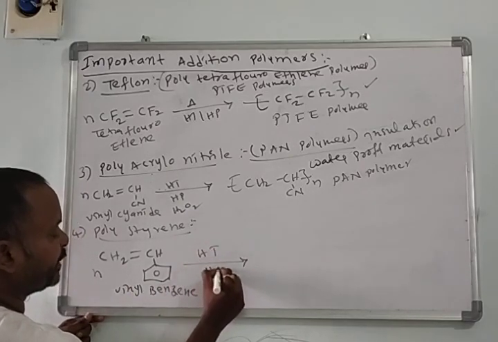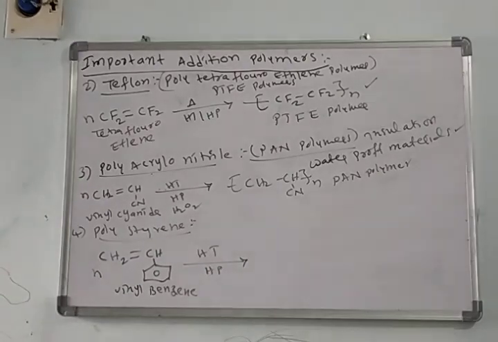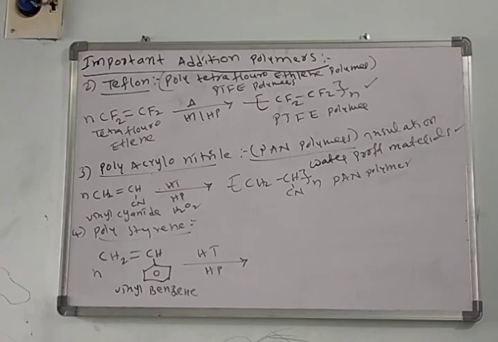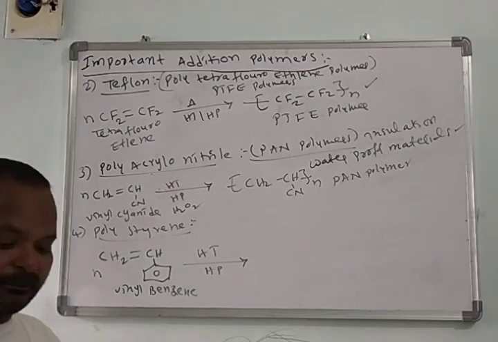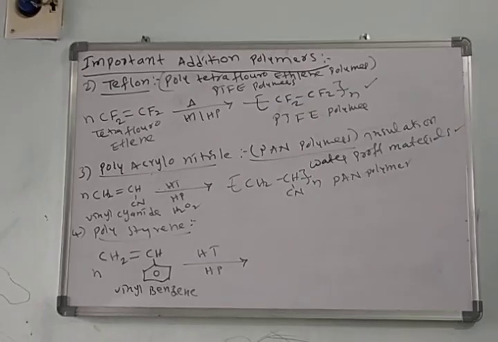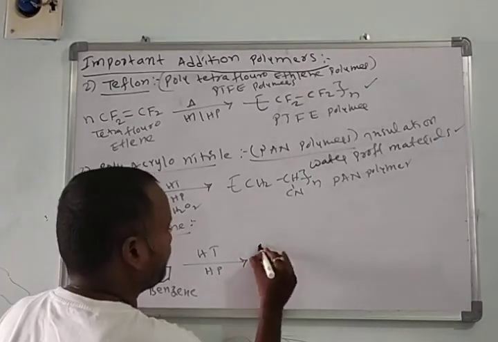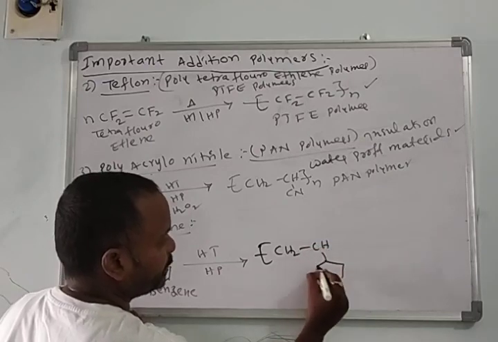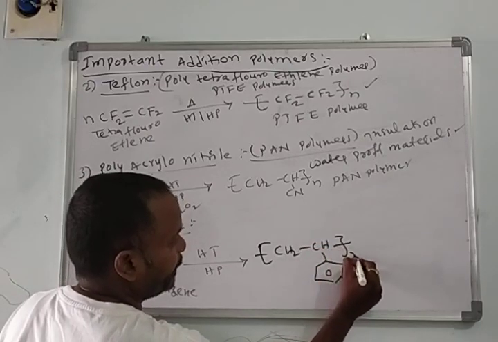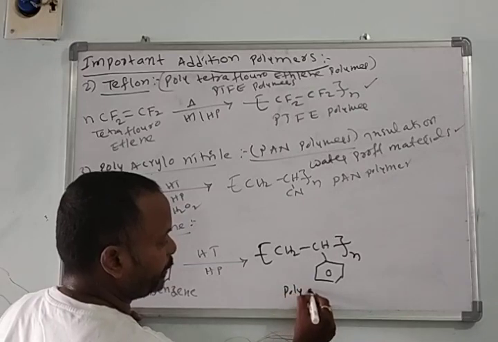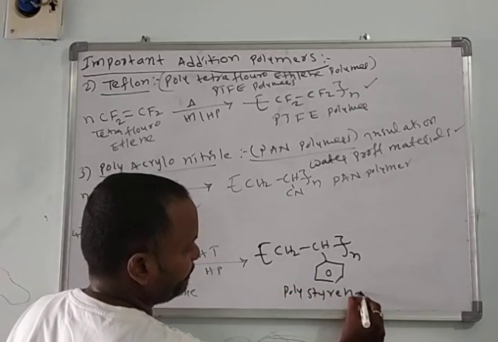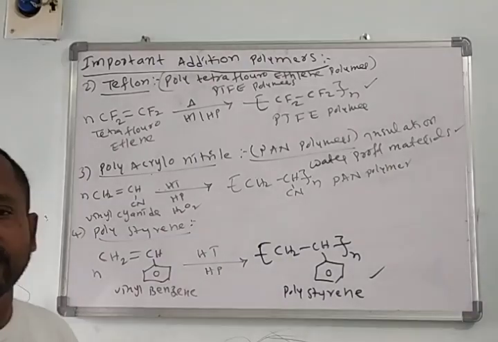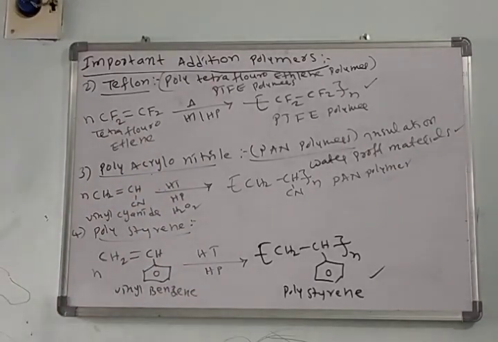They undergo addition polymerization at high temperature and high pressure and form polystyrene. Here CH2-CH taken n times forms this. We call this polystyrene. This is also one of the important addition polymers. These are the important addition polymers.